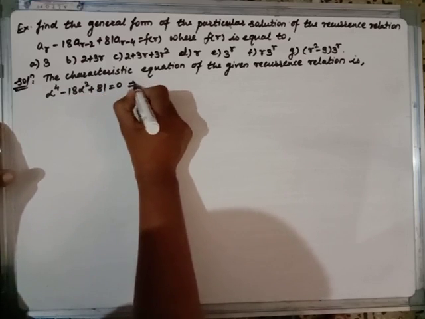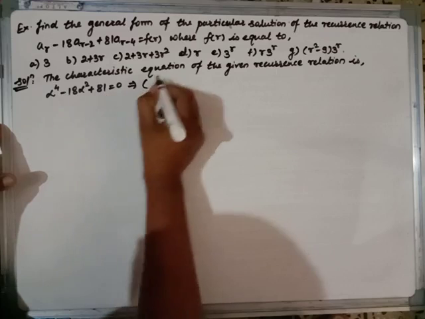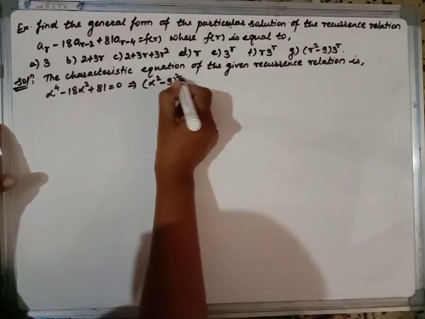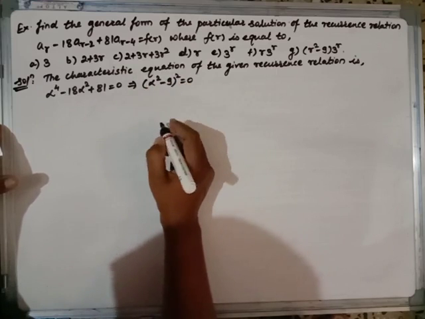And if you carefully observe, this is nothing but alpha square minus 9 whole square equal to 0.